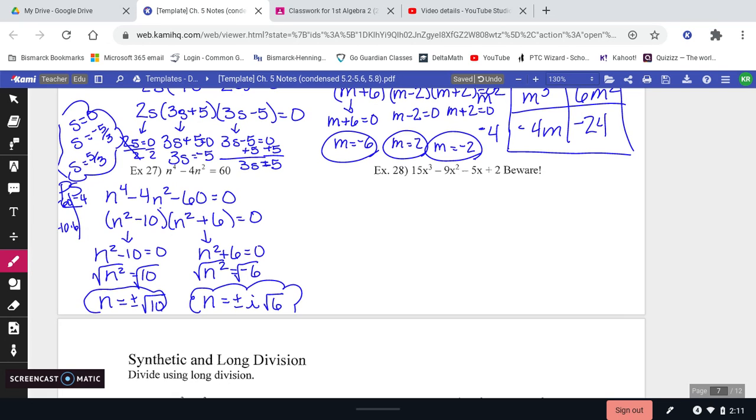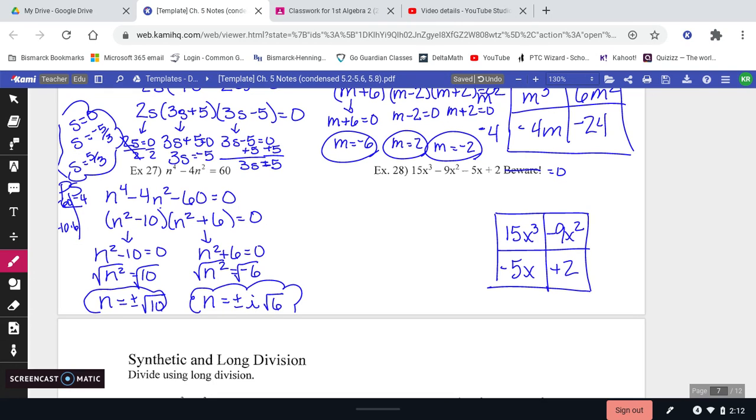Okay, number 28. This one, I didn't put it equal to 0, but act like it's equal to 0. We're going to do factoring. So 4 terms, you're going to put your terms in a box. 15x cubed minus 9x squared minus 5x plus 2.